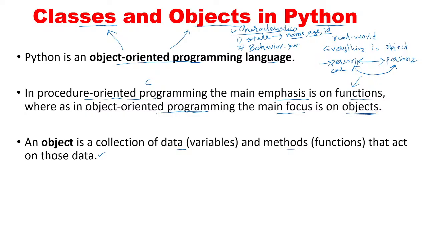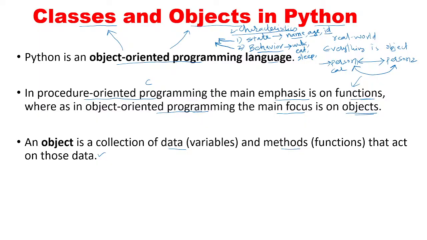A person can walk, eat, and sleep. These are the operations performed by the person, and these operations define the behavior of the object. With the help of these two characteristics, we identify objects in the real world: they have a state and a behavior.